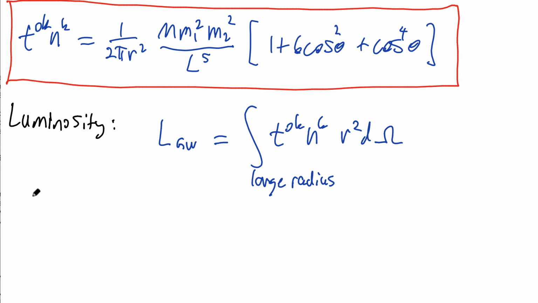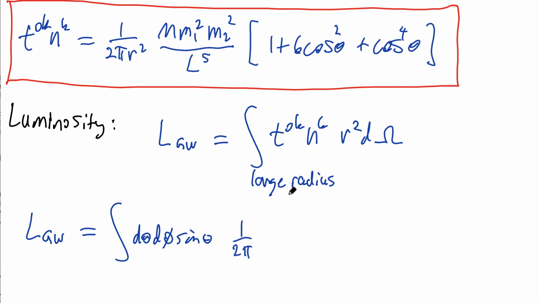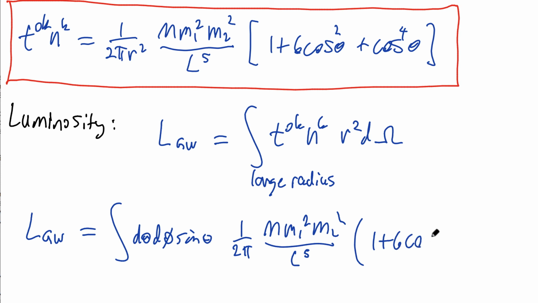So using our result for the energy flux, we have luminosity is equal to the integral of d omega, that's d theta d phi times sine theta, times 1 over 2 pi. The r squared here cancels the 1 over r squared here. We have capital M times m1 squared, m2 squared, divided by L to the 5th power, times 1 plus 6 cosine squared theta plus cosine to the 4th theta.